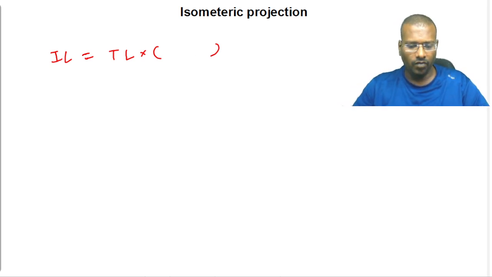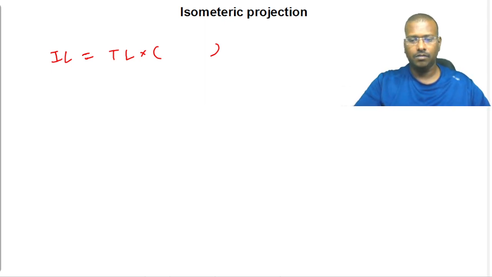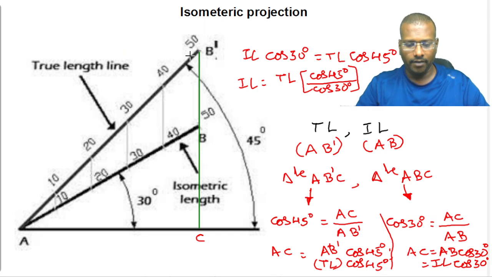So we have to divide. I will do the calculation, normally I won't remember this. So let us consider cos 45 divided by cos 30.